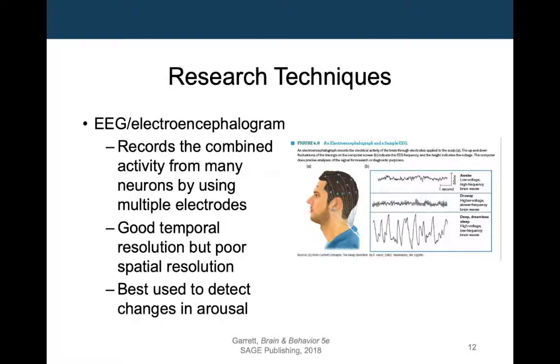What the EEG allows us to do is detect electrical activity amongst all the neurons by using these little electrodes here. You see those? Those are the electrodes. What that allows us to do is detect different sorts of brain activity that are not quite observable to the eye.